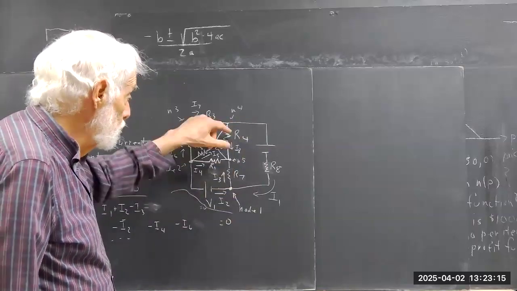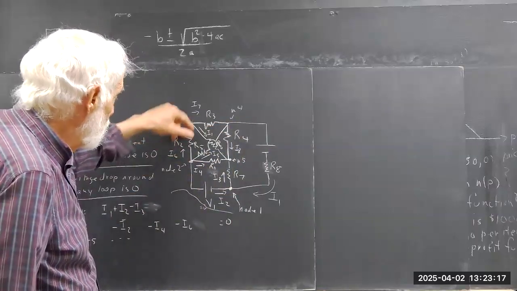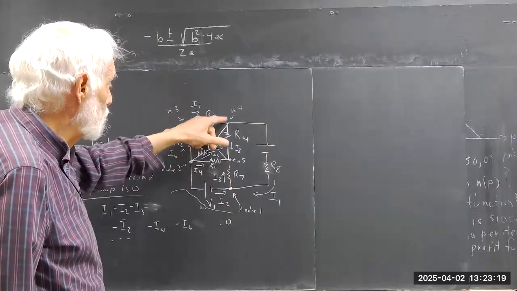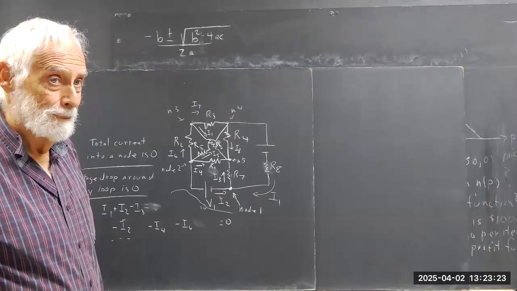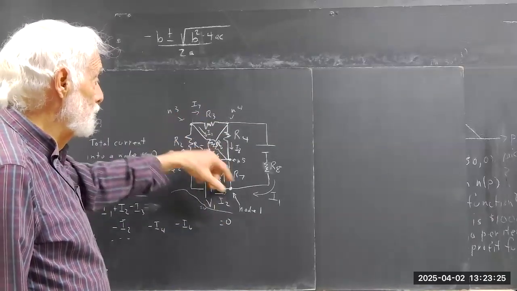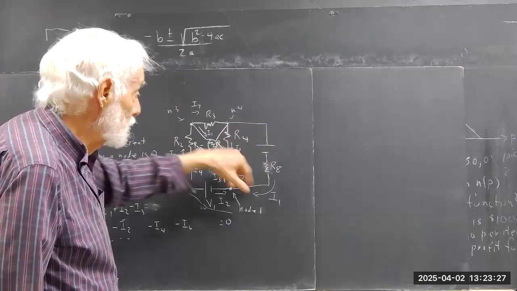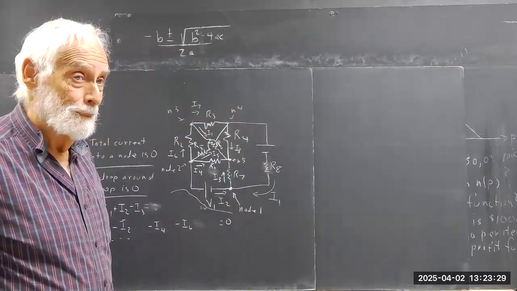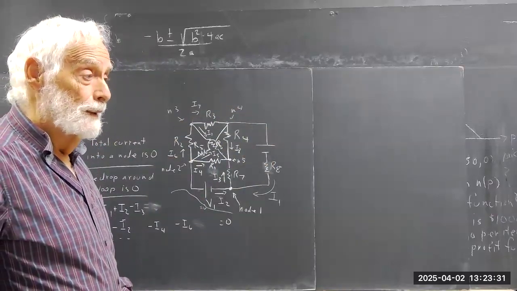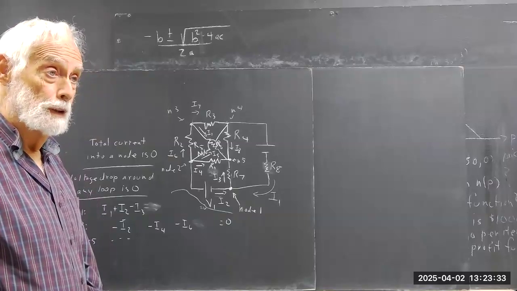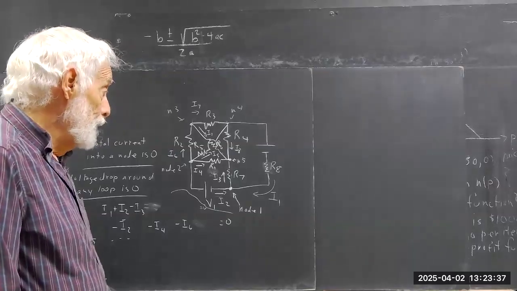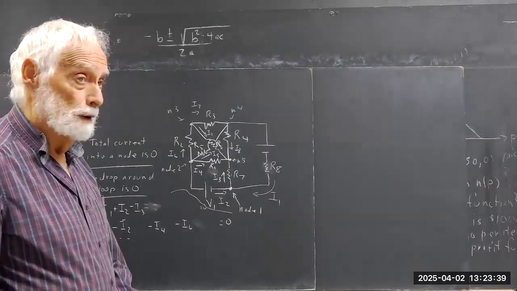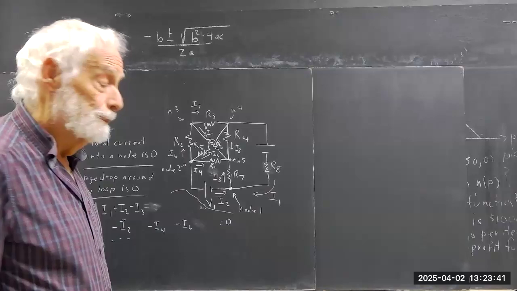So if I did this loop and the whole loop, I wouldn't do this loop, because this loop is just the whole loop minus this loop, okay? And if I did that, I get a bunch of equations I couldn't solve. Okay? They'd be consistent, but you wouldn't eliminate all your variables.